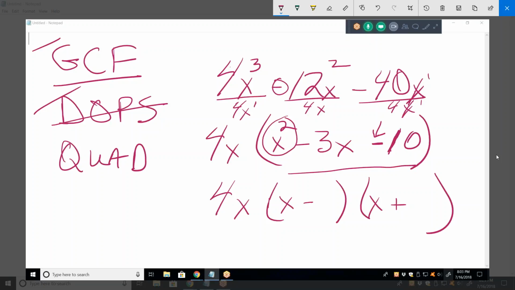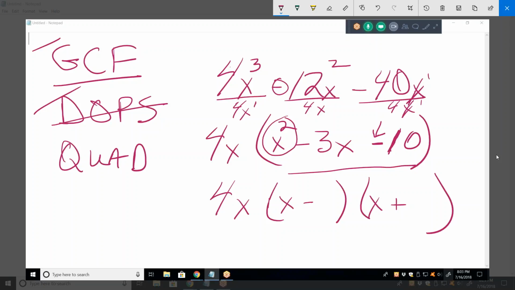Forget the negative in front of the 3 for a moment. I find it's easier to memorize this if you just deal with the absolute numbers. I'm not looking for factors of negative 10. I'm looking for factors of 10 that subtract, because of the negative sign in front of it, to the number that is in front of the x term, which is 3. Not negative 3, but 3.